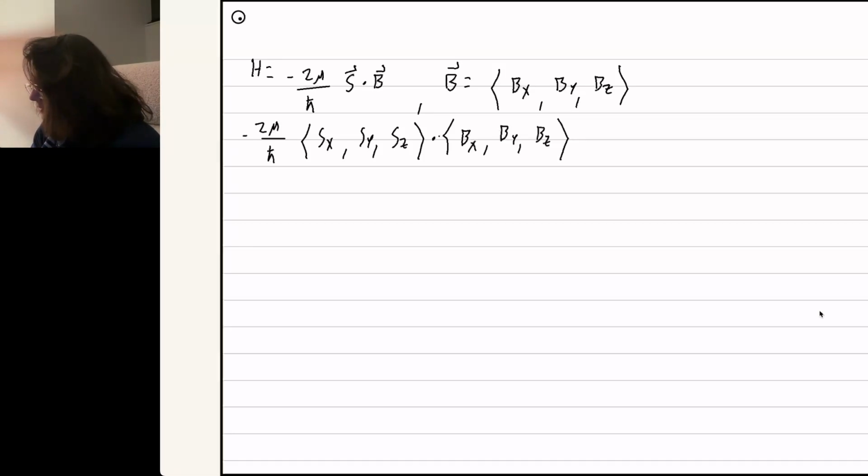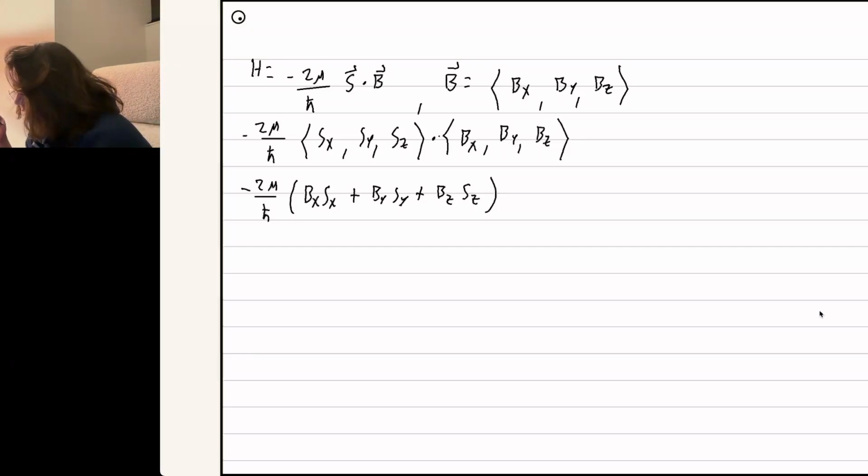I'm pretty sure they're just physical quantities. So it's going to be 2 mu over h bar times bx sx plus by sy plus bz sz.